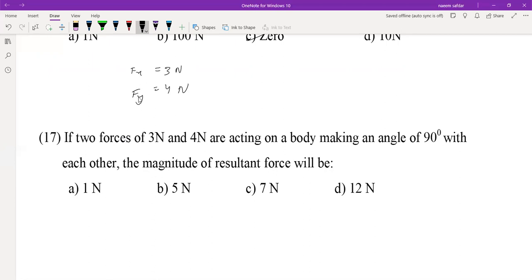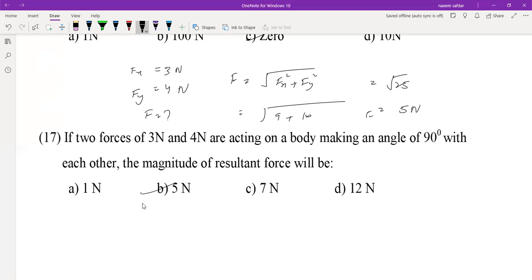First is Fx, second is Fy. We have to find the magnitude of resultant F. So we know by formula F is equal to root of Fx square plus Fy square. Fx is 3, 3 square is 9, Fy is 4, 4 square is 16. So by addition 25, we got 5 Newton. So the resultant force will be 5 Newton.